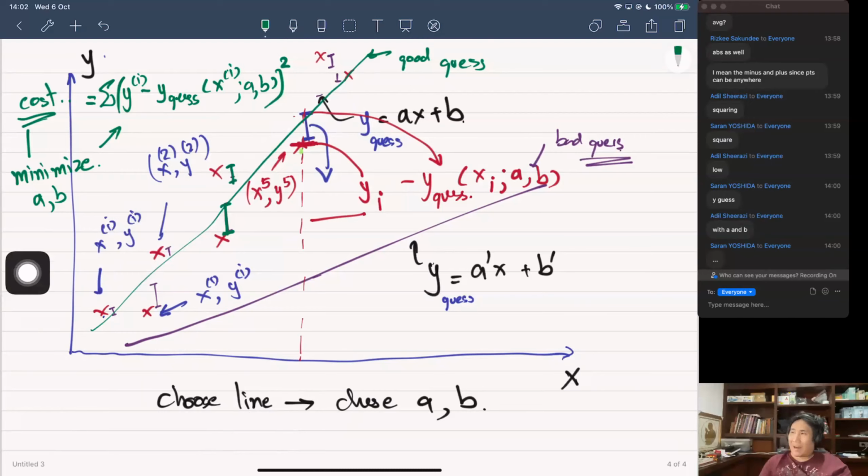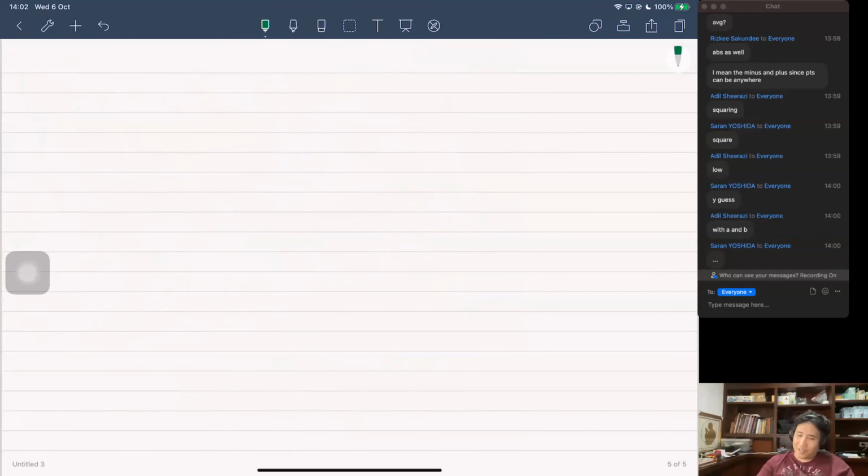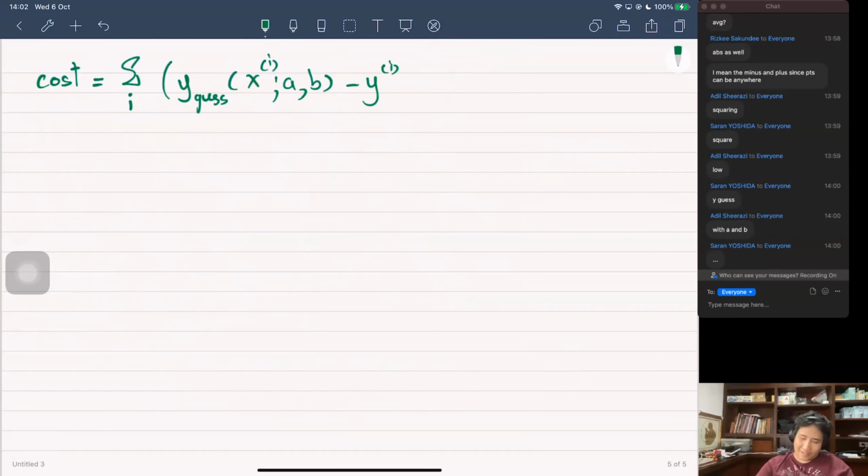Okay, so let me write that real quick. So the cost function is the sum, some people divide that by n, sum over all the data points, the actual data points. Actually, let's do it the other way. It's square, so it doesn't matter, right? Y guess at xi given parameters a and b minus yi, and then square.